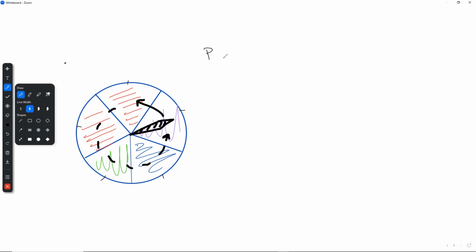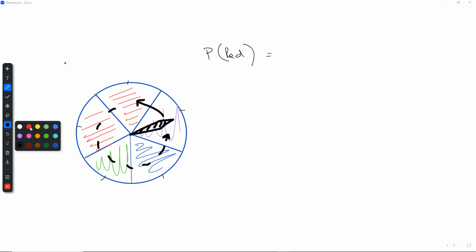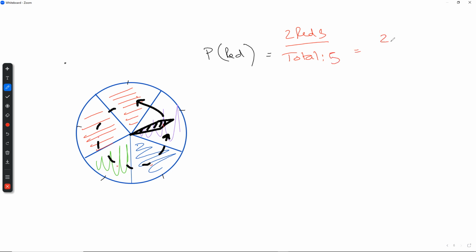What is the probability that we would land on red? The first thing we have to remember is to count how many reds we have. We have 2 reds, so we take 2 over the total number of sectors, and that's 1, 2, 3, 4, 5. So that becomes 2 over 5, which can be expressed as 0.4, and it can also be 40%.